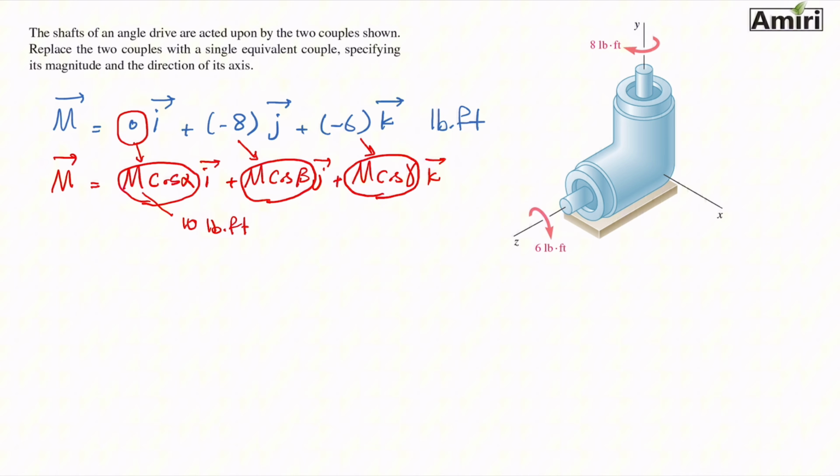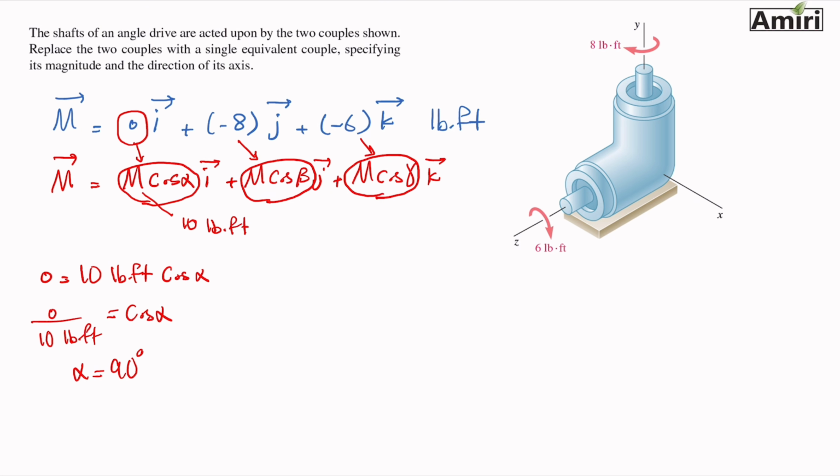So therefore, 0 equals 10 pound-foot cosine alpha. So 0 is the cosine of alpha, which results in alpha being 90 degrees, which makes sense.